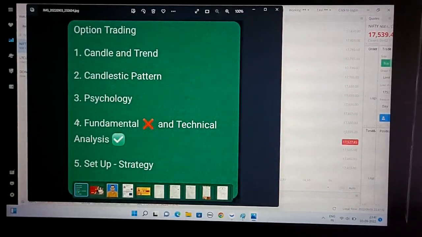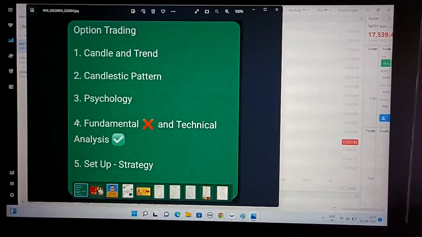But I am not going to tell you about fundamental analysis, because it contains a lot of information and a lot of data, and it is very fluctuating. It has various factors that can affect the fundamentals of a company, of a stock. So we are not going to talk about fundamentals, but we are going to talk about technical analysis.